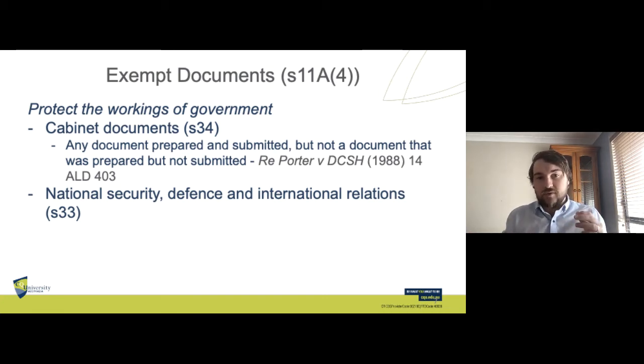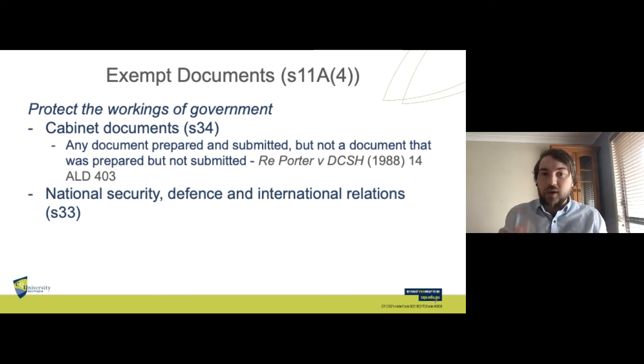The other classic example of an exempt document would be things related to national security, defence, international relations, things that, you know, for Australia's security and for our international interests, we can't have exposed to everyone. So obviously things like ASIO, who they're looking at, what they're doing, agents, all that kind of stuff, that can't be made public.